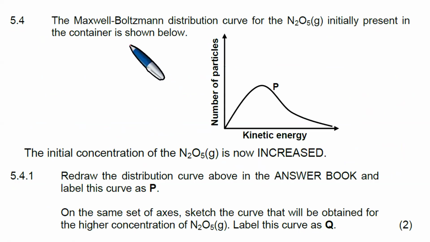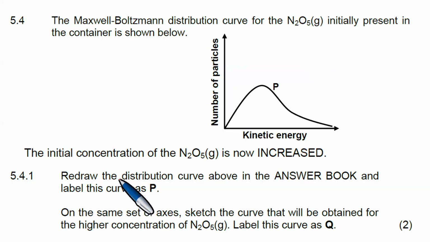Now there's something called the Maxwell-Boltzmann distribution curve for the N2O5 gas initially present in the container, shown below.